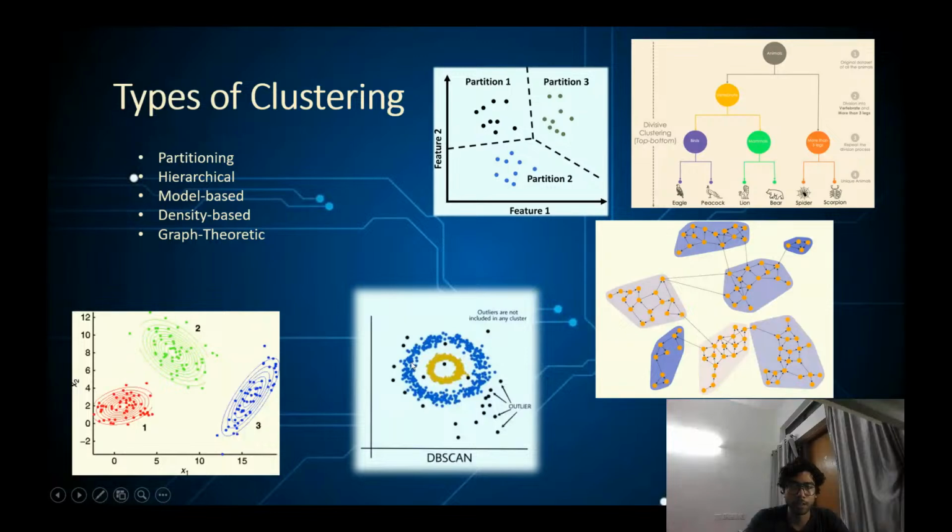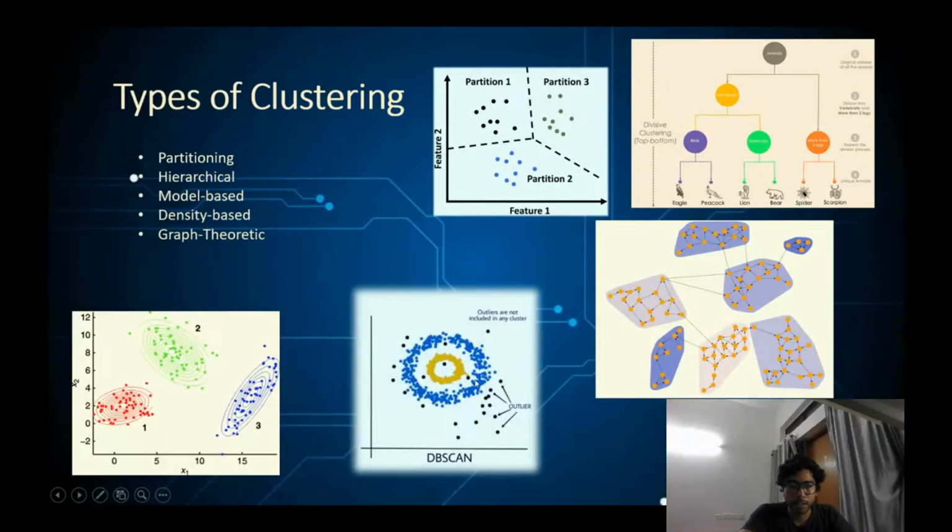So, for example, the distance between this side of the blue points and this side of the blue points is a large distance, right? But still, they are found in the same cluster. So that's the beauty of this density based clustering, and how it avoids some limitations of the partitioning based one.